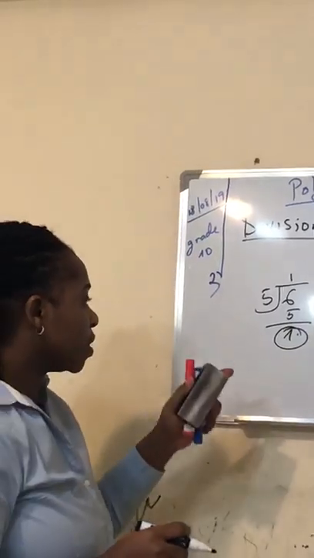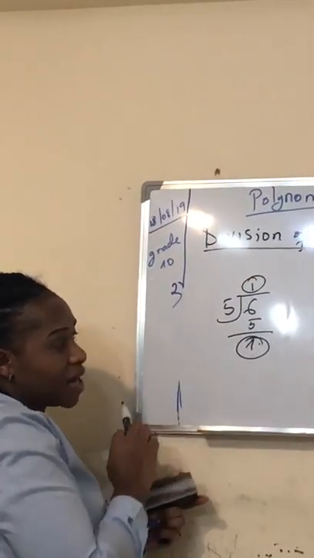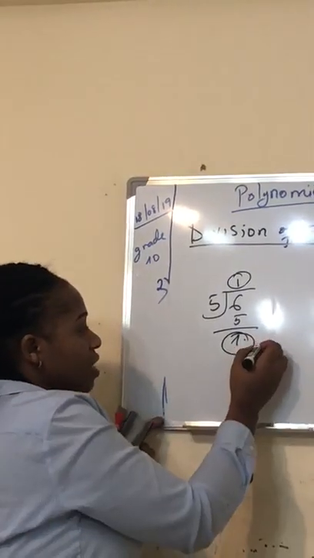Alright, so we have the quotient, which is our answer, we have the divisor, and we have the dividend, then we have our remainder.